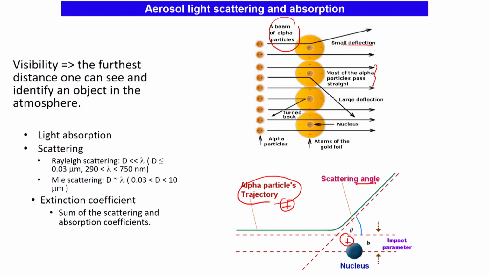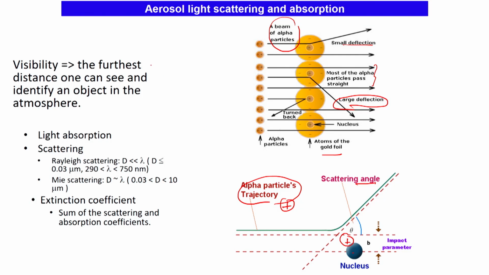When they are very close, there can be a large deflection, and if one directly hits the nucleus, it can be turned back, giving a backward scattering. So this is the atoms of the gold foil, that is how it is actually seen, and how the alpha particles interact with it. I have just given a corollary, so you can relate to this one.